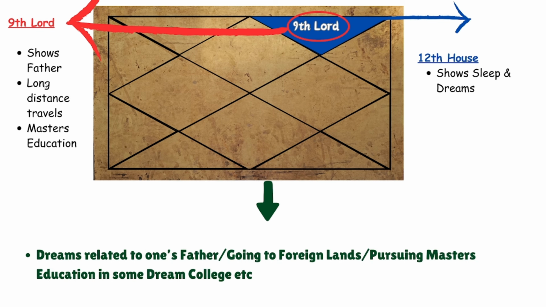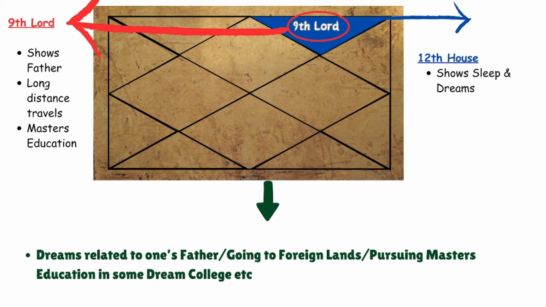Now, the ninth lord shows father. Okay, it also shows long distance travel, master's education. And the 12th house is the house of sleep. It shows your dreams, it shows your imaginative subconscious mind. Okay, what are your thoughts when you don't have control over your mind.